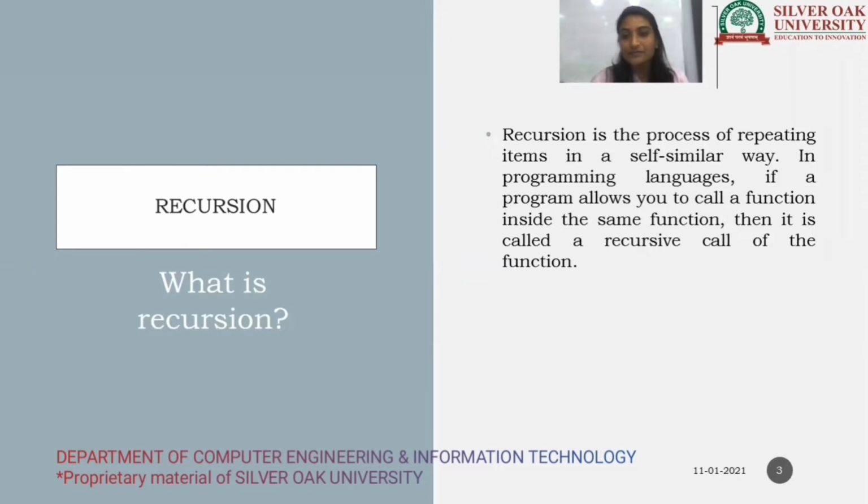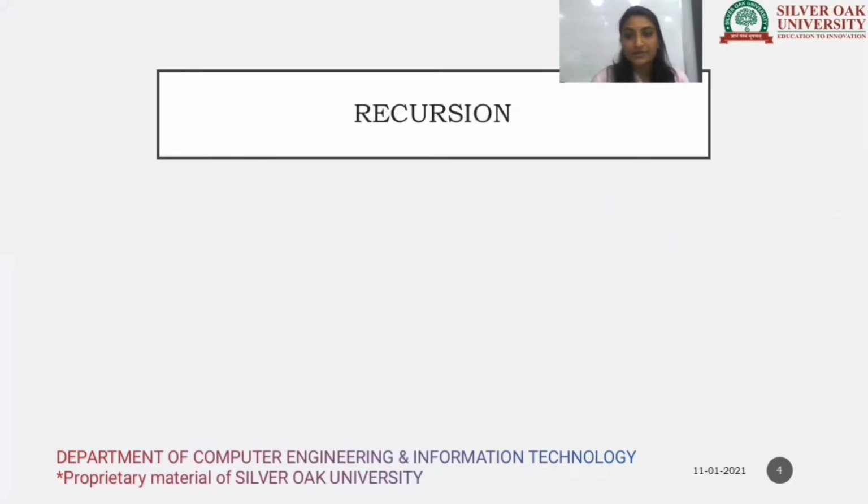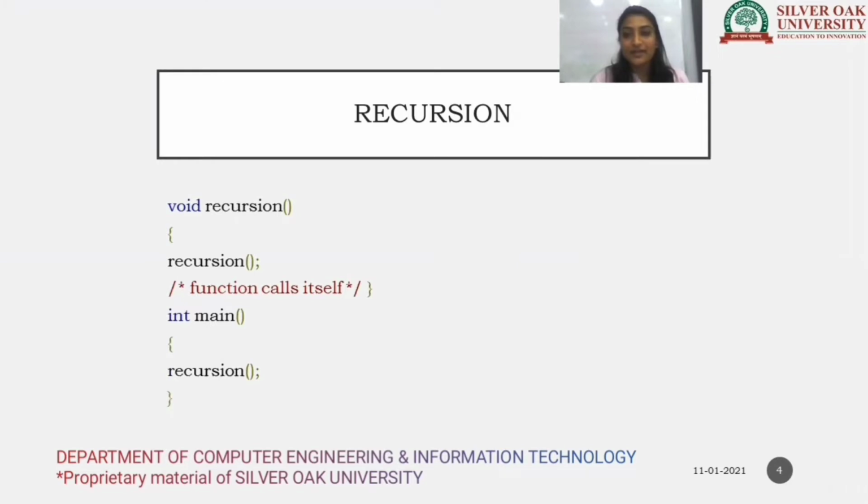If a program allows you to call a function inside the same function, then it is called a recursive call of the function. So now, what is recursion and how can we declare and call the recursive function? As we know, the function is divided into three parts.